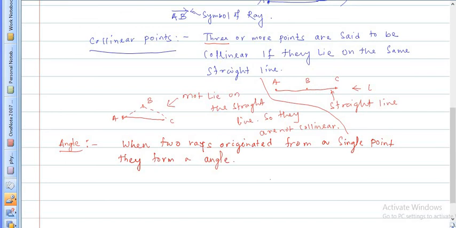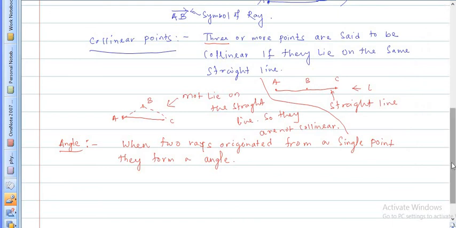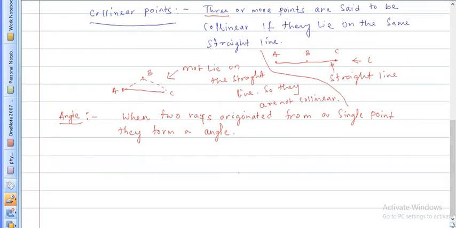You understand my point? Now when two rays originate from a single point, let us consider a single point A. Now this is a single point A.